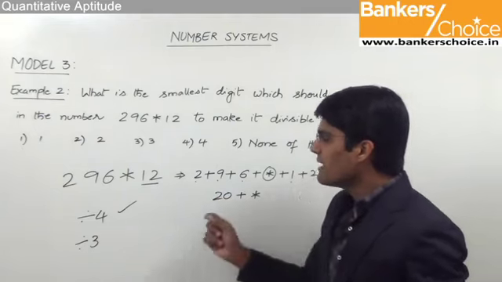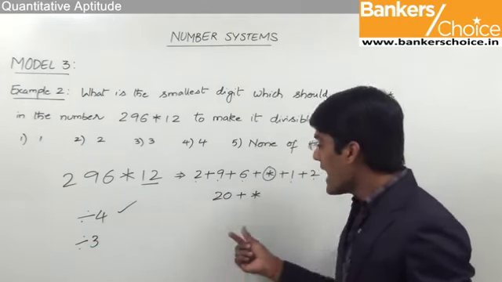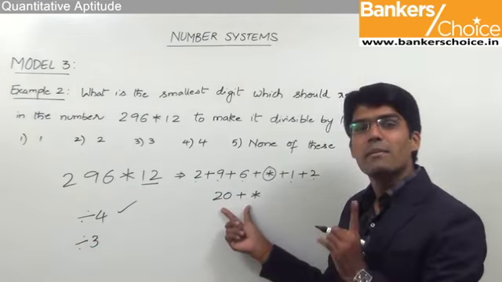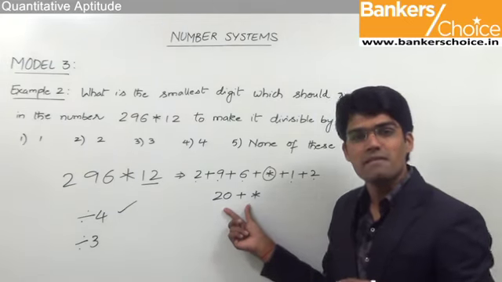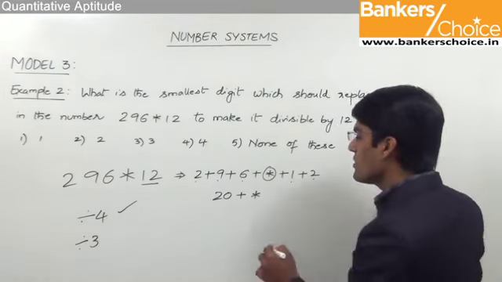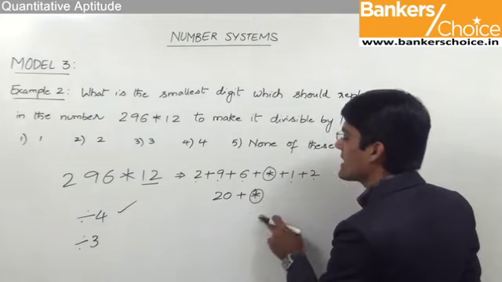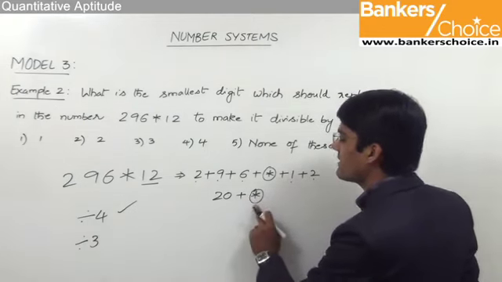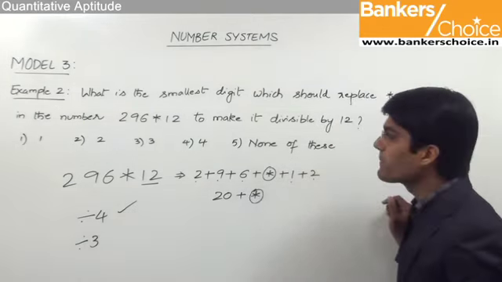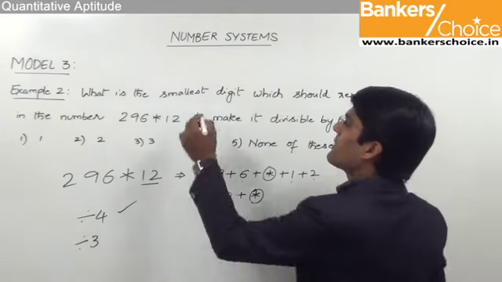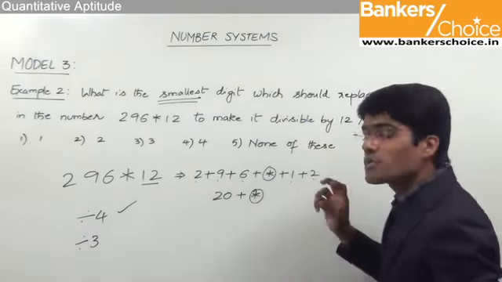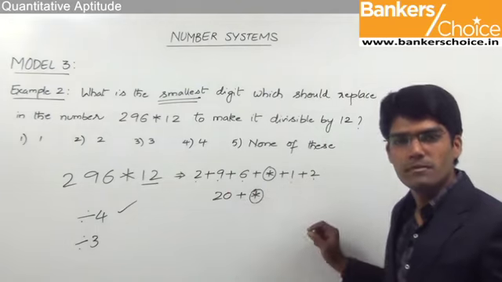Now since we are checking the divisibility for 3, we know that this sum has to be a multiple of 3, or it should be divisible by 3. So we should find out that value in place of star so that 20 plus the value becomes a multiple of 3. And since he is asking for the smallest digit, we need to find out the smallest such value which can make it divisible by 3.